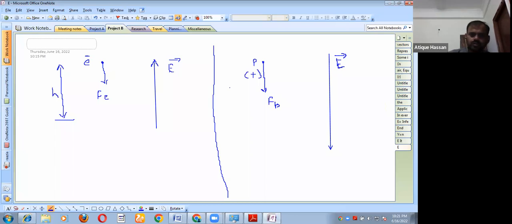Now again, the electron falls through a distance, suppose the same distance h, right?